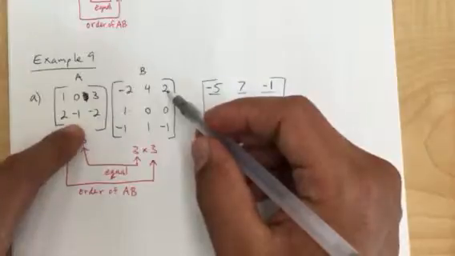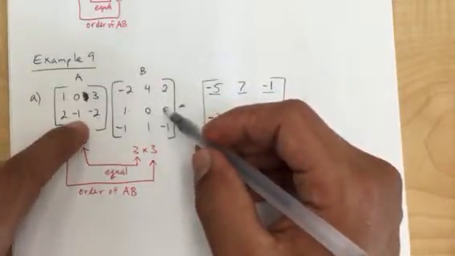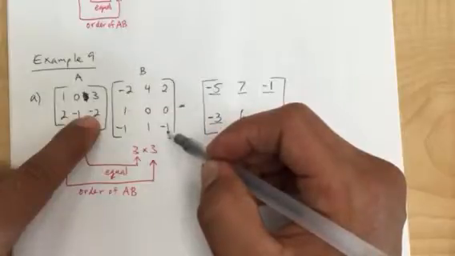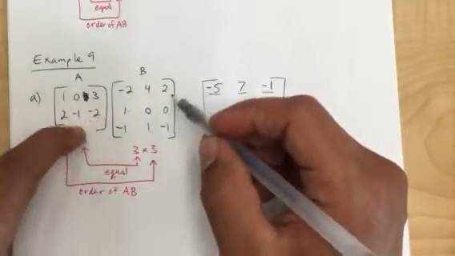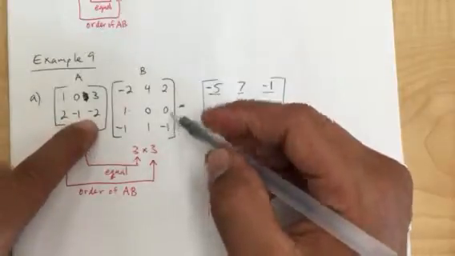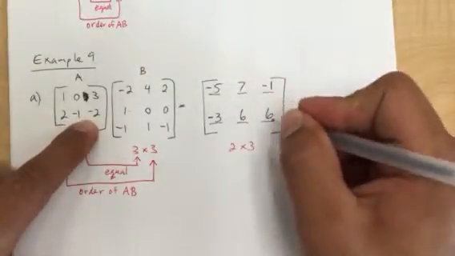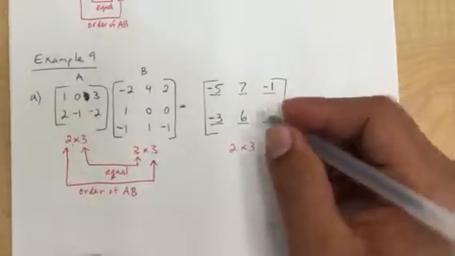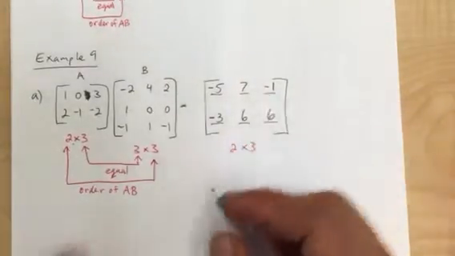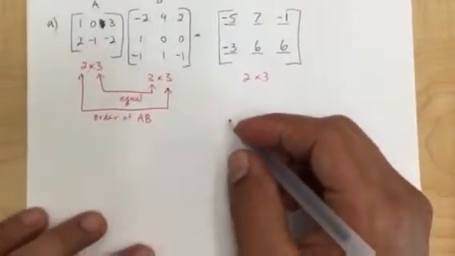So I'm going to have 2 times 2 is 4, negative 1 times 0 is 0, negative 2 times negative 1 is 2. So I have 4 plus 0 plus 2, and that's 6. Okay, so this is the matrix that we get, and let's move on to example B.